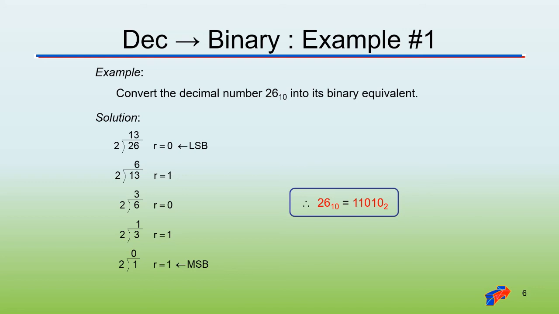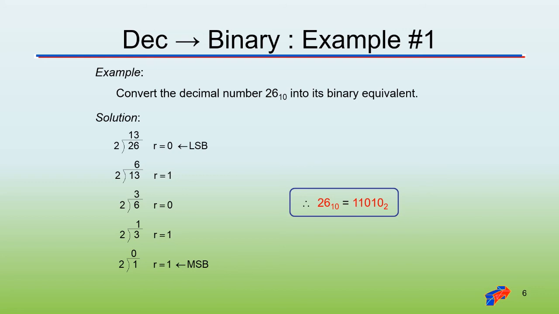We will get 0 as quotient and 1 as remainder. When the quotient becomes 0, the whole process is completed. So what is the next step? We have to write down the least significant bits, or we can say the remainders, in reverse order. What is the reverse order? 1 1 0 1 0. So the binary equivalent of the decimal number 26 is 1 1 0 1 0 to the base 2.